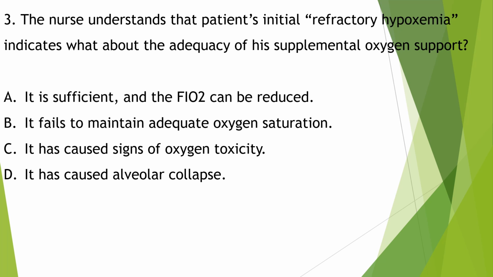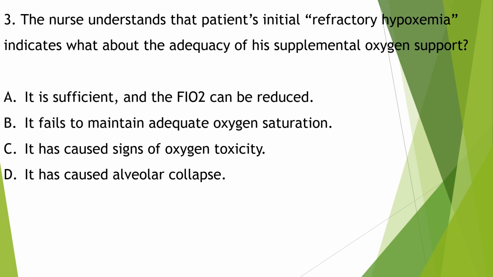Refractory means in spite of increased amount of oxygen levels, the patient's oxygenation status does not improve. This indicates worsening ventilation perfusion mismatch or shunt requiring more than supplemental oxygen for treatment.